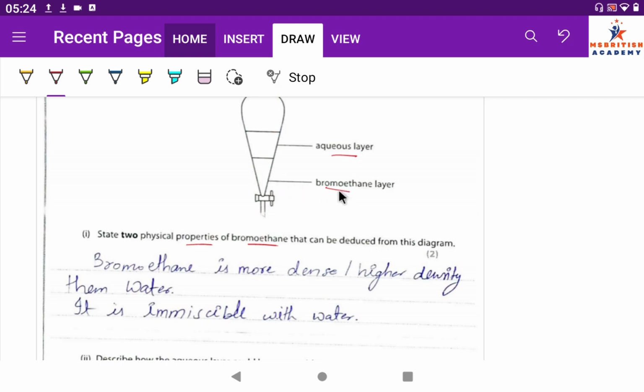Because the bromoethane settles at the lower end, it means it is a heavier liquid. So you can say bromoethane is more dense than water. And the second one, because they are forming layers, you can say it is immiscible with water.